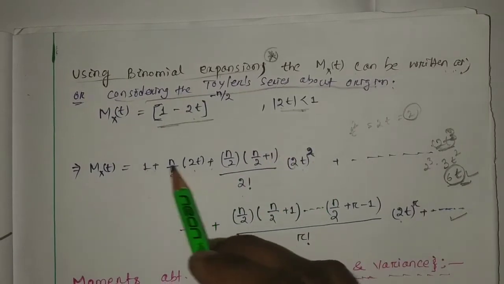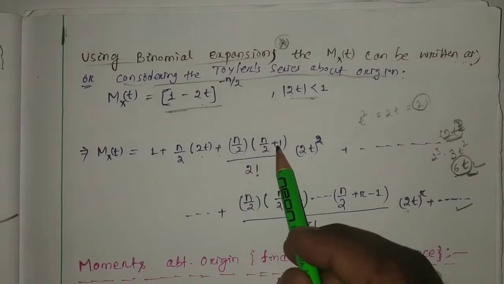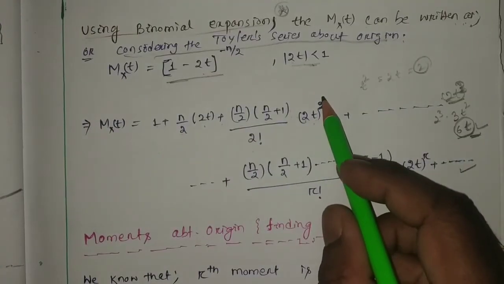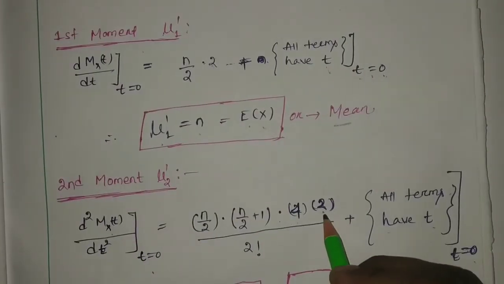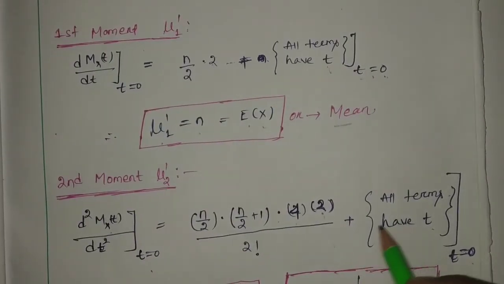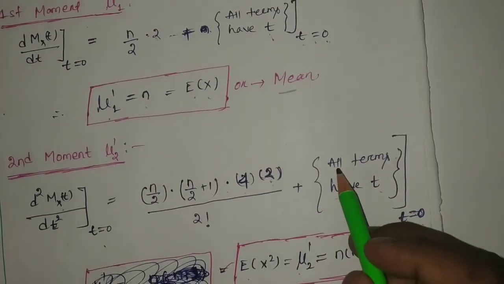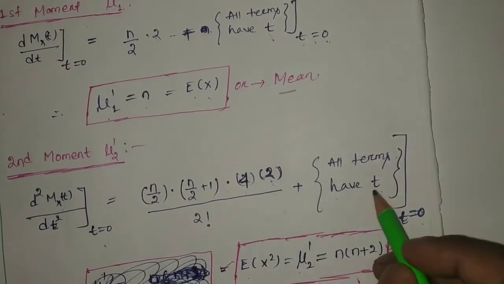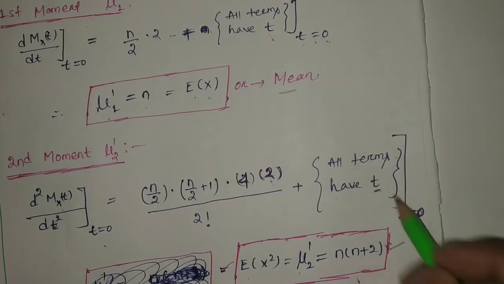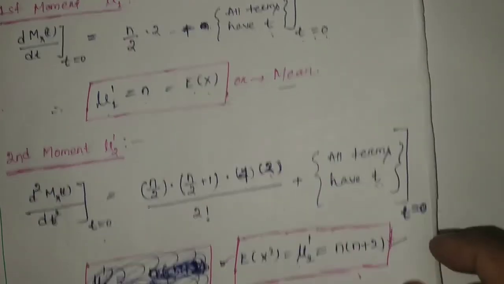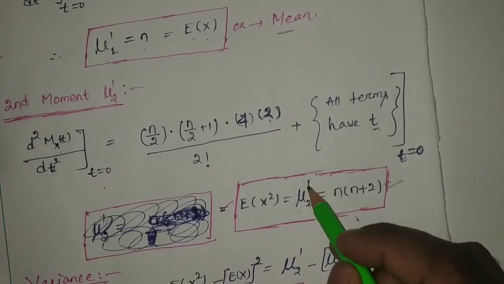This will be 0, this will be 0, n by 2, n by 2 plus 1 by 2 factorial. This will be 2 to the power 2, means 4. And here t square derivative with respect to t 2 times, that means 2. And after that, whatever terms we get, all the terms have t at the numerator. Now you just put t equal to 0, all the terms are going to be 0, and we get that mu 2 dash will be how much?